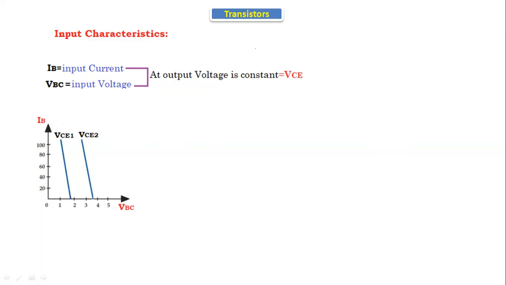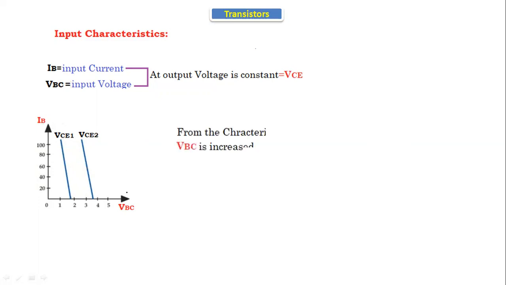After reaching this point, the input current increases slowly. At VCE1, the current starts conducting from this point. At VCE2, the current starts conducting from this point. The input voltage and IB are variable, but VCE1 and VCE2 are constants.